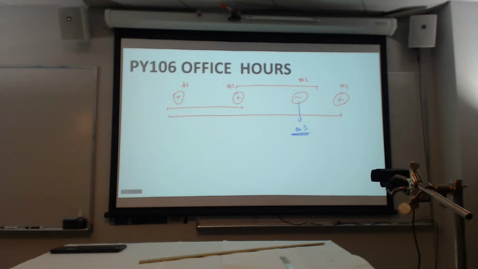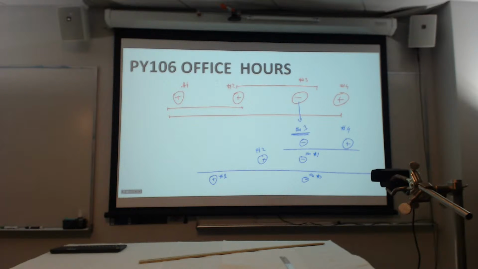So for this charge, you have 3 pairs to analyze: this and this, this and this, this and this. And for each pair, you can draw a force acting on the charge number 3 from another charge.